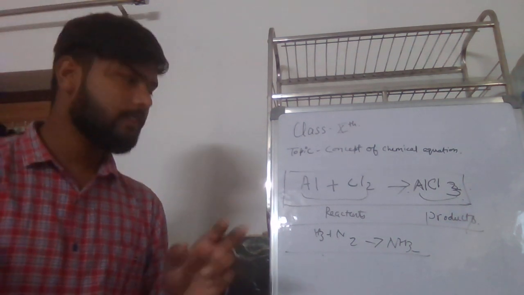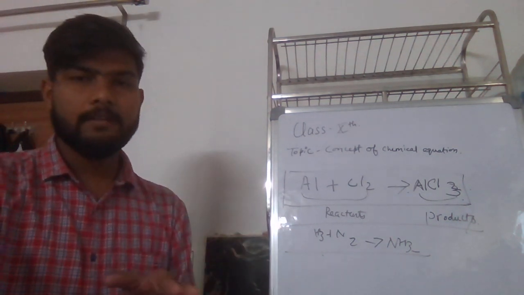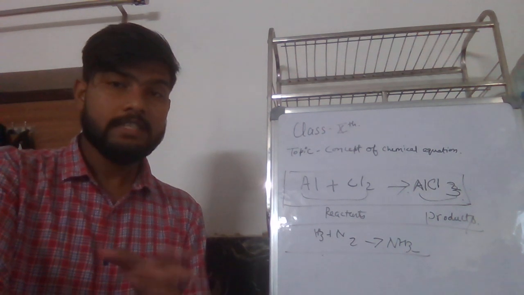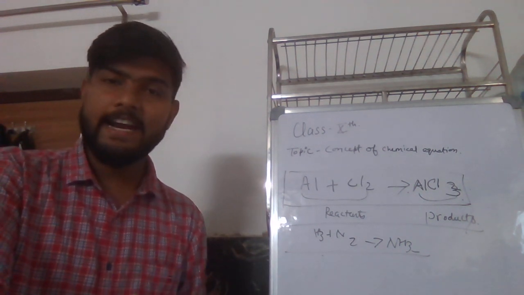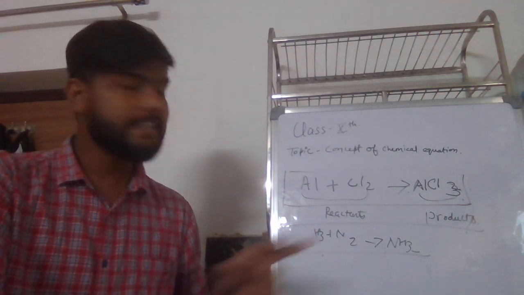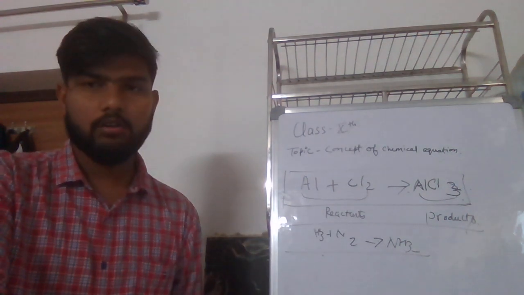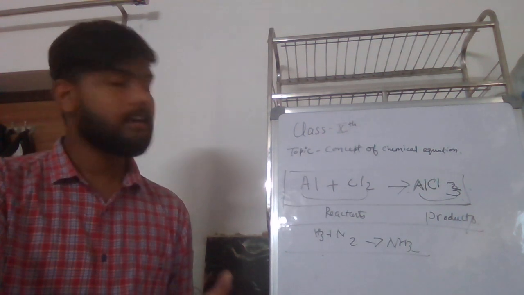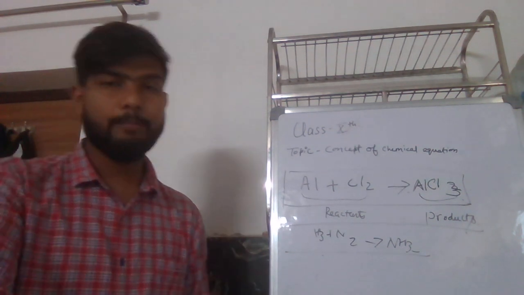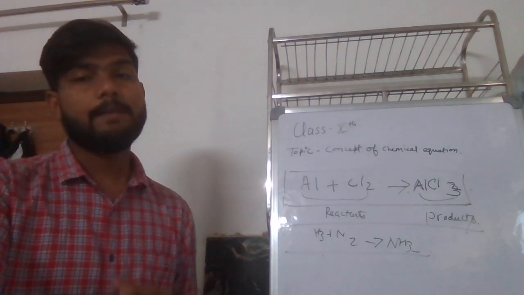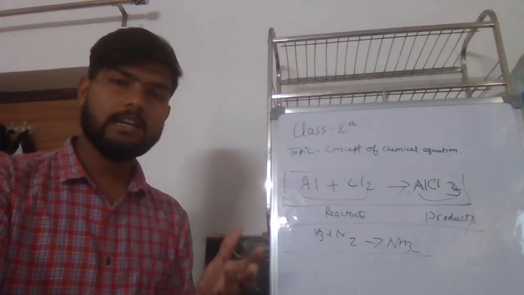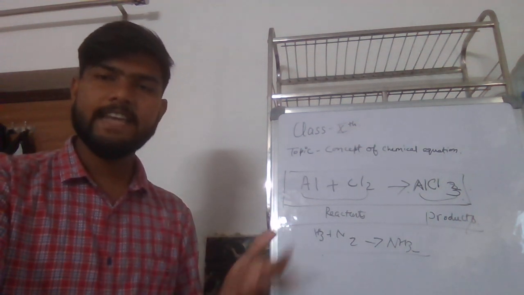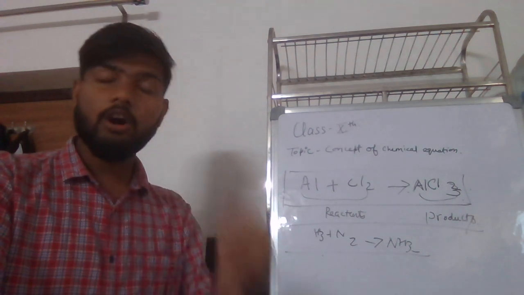For example, A plus B becomes C plus D. A and B are called reactants and C and D are called products. The arrow shows the direction of the chemical reaction. After that we discussed the balanced chemical equation.